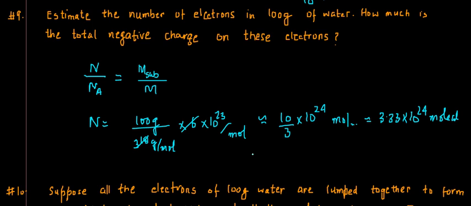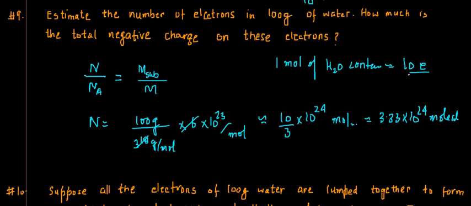Now, number of electrons in one molecule of water. One molecule of water contains 10 electrons. Okay, 8 are associated with oxygen and 2 associated with hydrogen. So total we have 10 electrons.